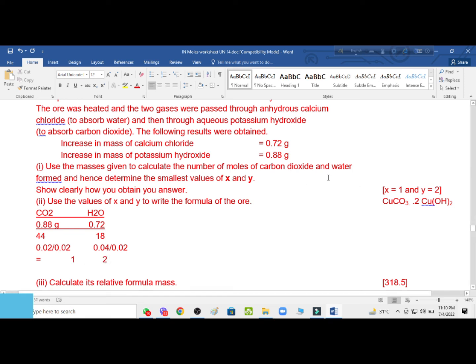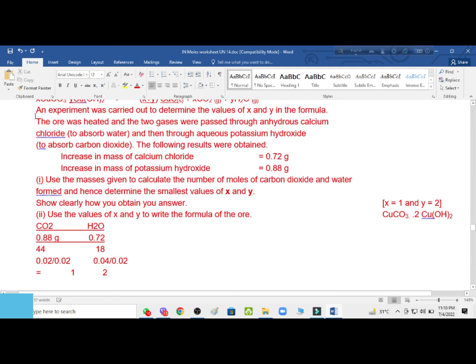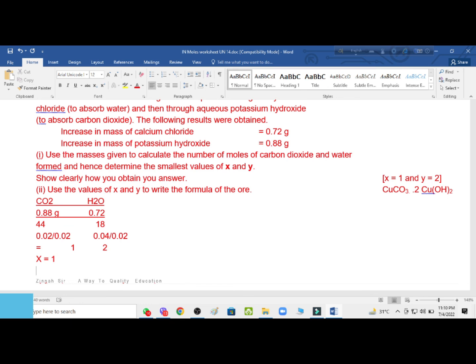So look at the formula. Look at the formula there. x carbon dioxide, right? And here is x copper carbonate. And here you get x carbon dioxide. So x is carbon dioxide. What is that? 1. So the value of x is 1. And y?